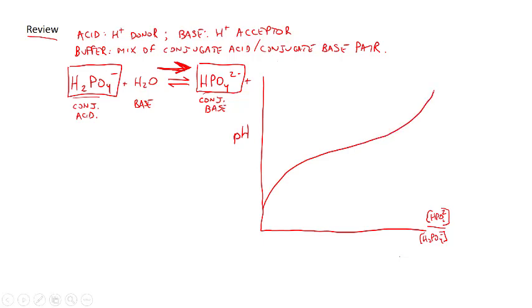In the middle, the flattest part of this graph is the point where this ratio is equal to 1, and that's the point at which the concentration of conjugate acid equals the concentration of conjugate base.